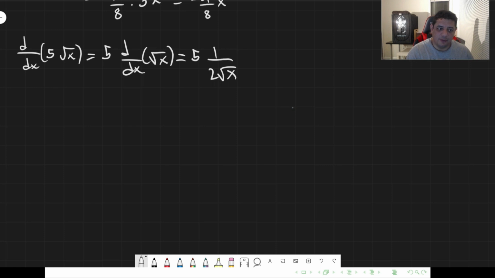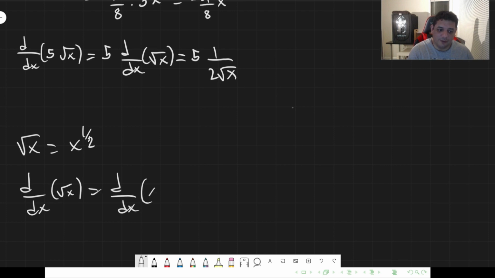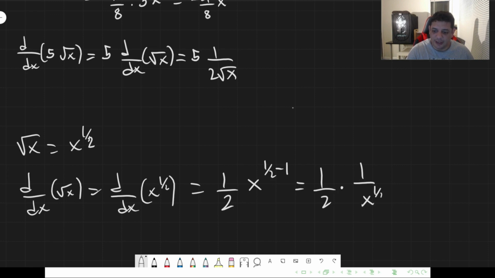Okay, so square root of x is x to the 1/2, right? And so the derivative of square root of x is the derivative of x to the 1/2. So now we're using the power rule here. If we use the power rule, we put down the 1/2, and we put 1/2 minus 1. That's going to yield 1/2 times 1 over x to the 1/2. Because 1/2 minus 1, well, let me just do all the steps.